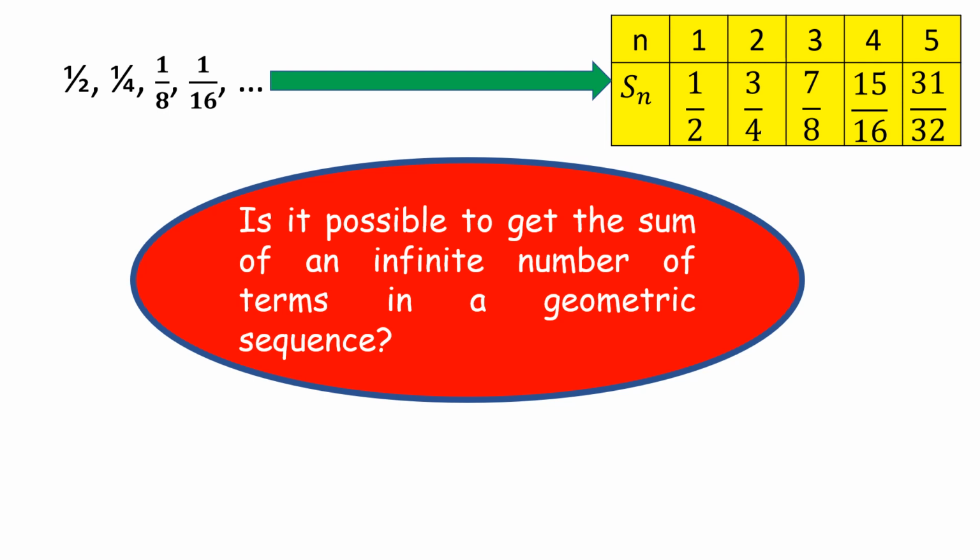As to the next values of n, if n is equal to 3, you need to add the first 3 terms, which are 1/2, 1/4, and 1/8, which is equal to 7/8. Therefore, S sub n is equal to 7/8.